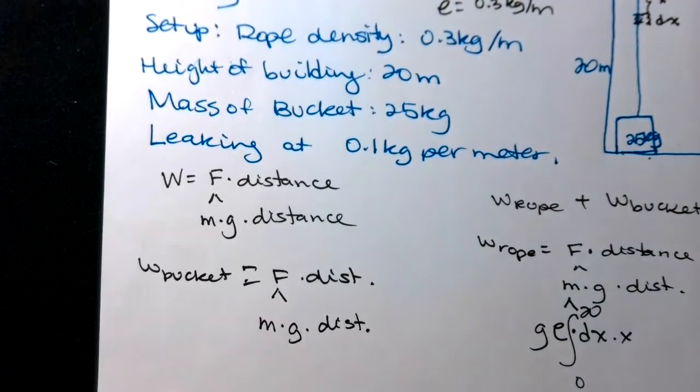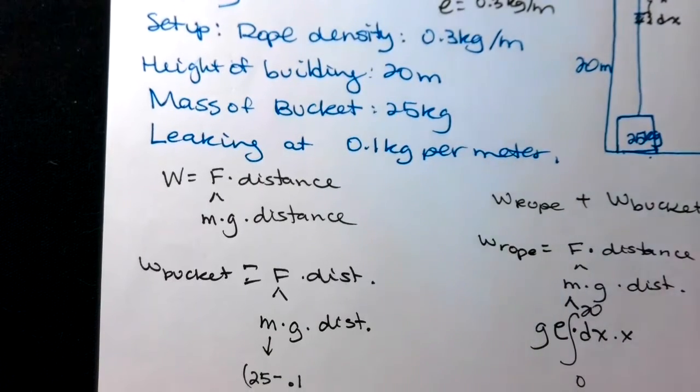So the mass is going to be 25 minus 0.1 times x. So x is going up, and I'm changing my frame of reference now. Right now I'm thinking of the bottom here as being my starting point.